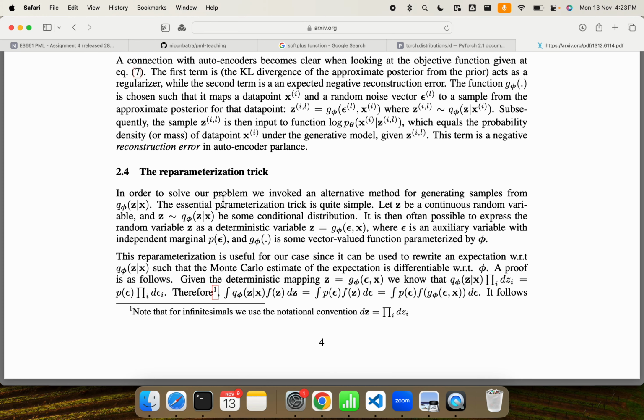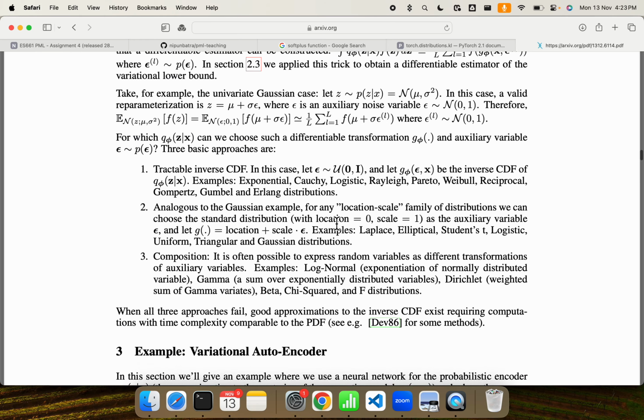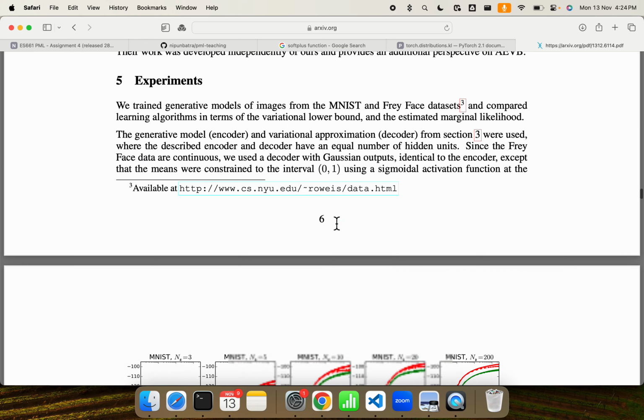The reparameterization trick. So it's exactly the same thing which we'll use today.